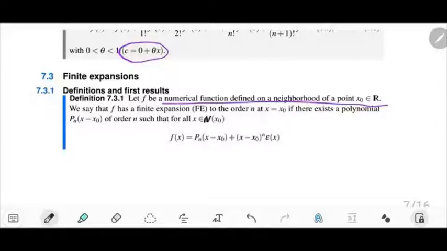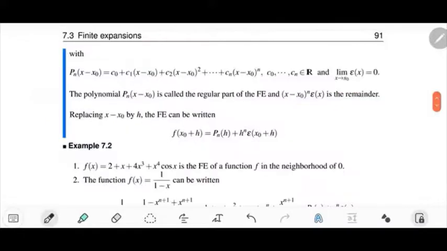So the polynomial Pn of x minus x0 is a polynomial of order n, and epsilon is a function that goes to 0 as x tends to x0. Pn of x minus x0 can be written as c0 plus c1 times (x minus x0) plus c2 (x minus x0) to the power 2, etc., plus cn (x minus x0) to the power n.